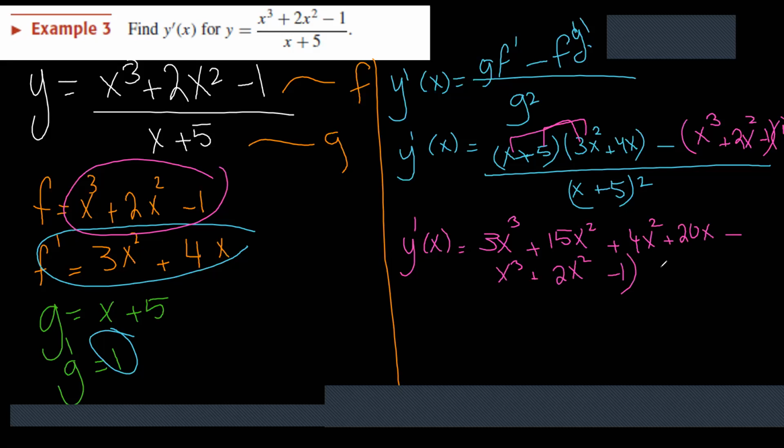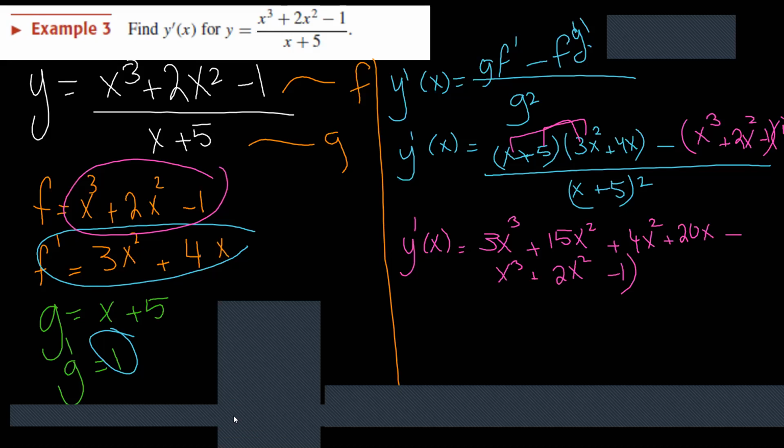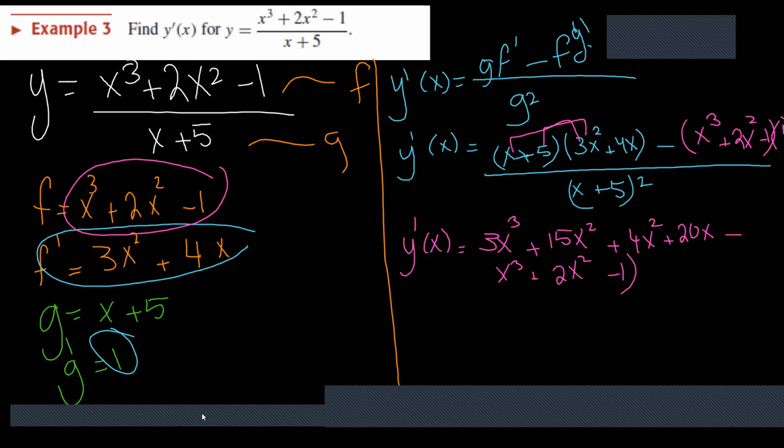Let's change its sign because I multiplied with a negative sign. So it will be minus x cubed, a minus times plus is minus 2x squared, minus times minus is plus 1, over x plus 5 squared.